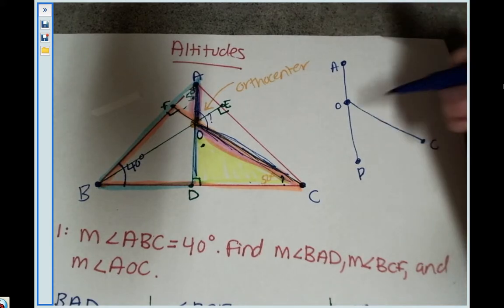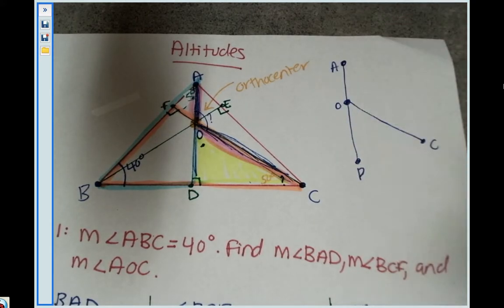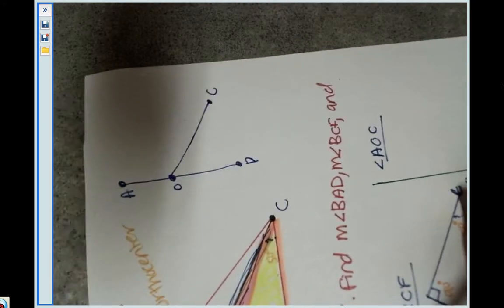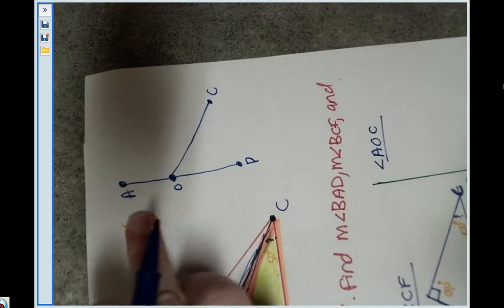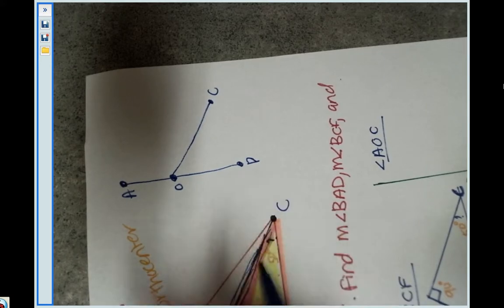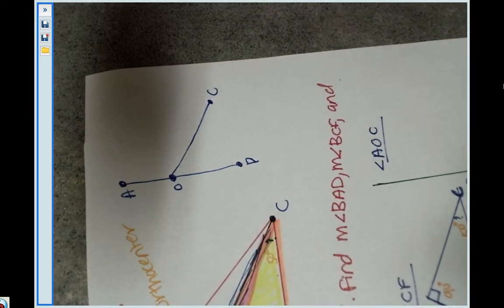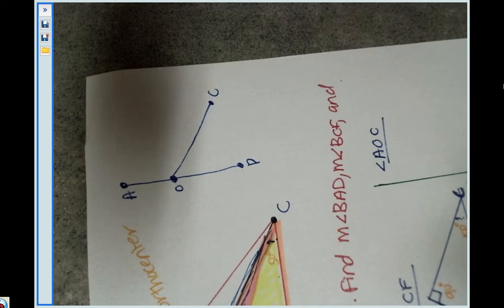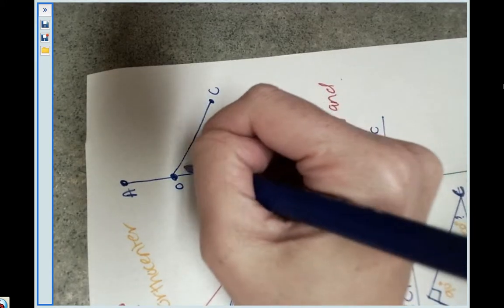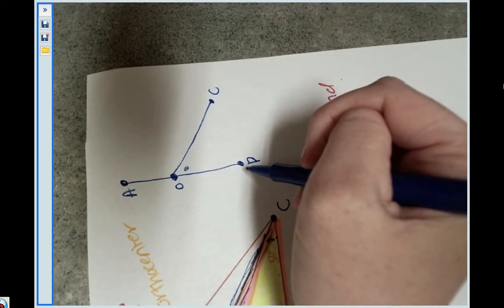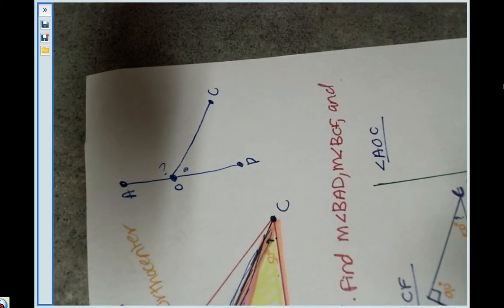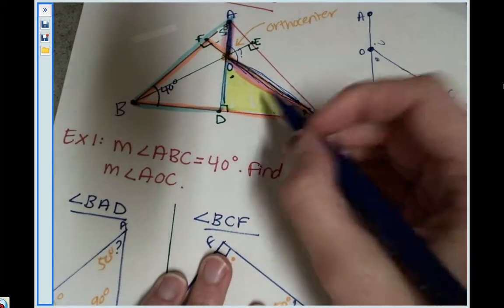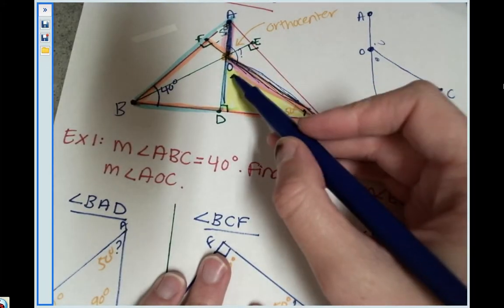So what do these two angles form when you put them together? Maybe it will help if I turn it this way. They do form this lovely line down here. And what do all the degrees of a line add up to equal? They add up to 180. So if I can find angle COD, that will help me to find angle AOC, which is what I'm trying to find. This yellow triangle that I highlighted will help me to find this angle.